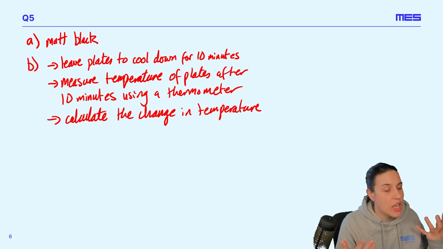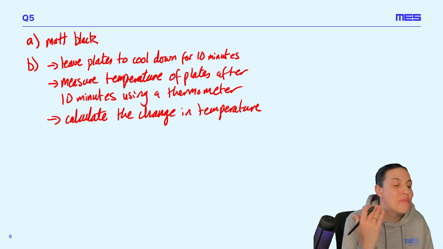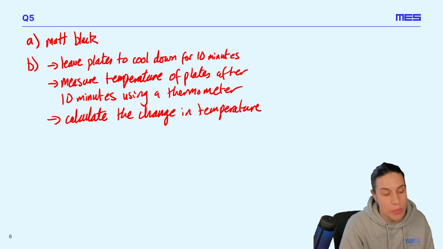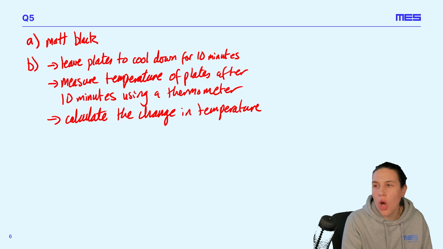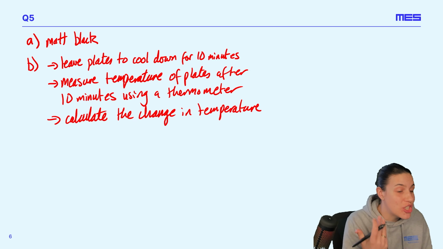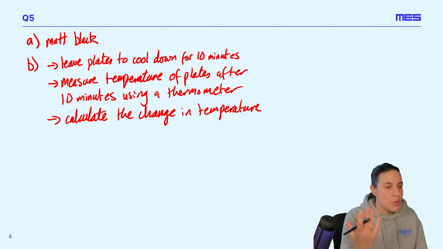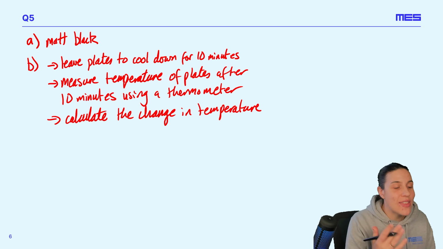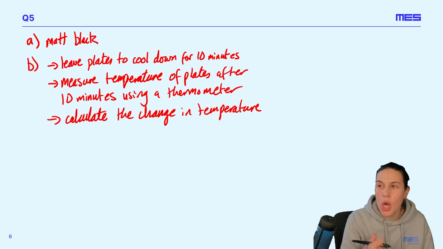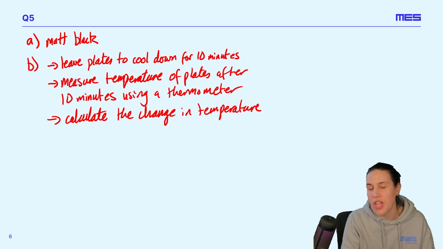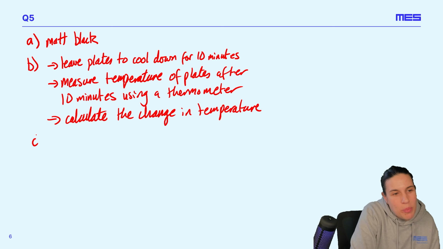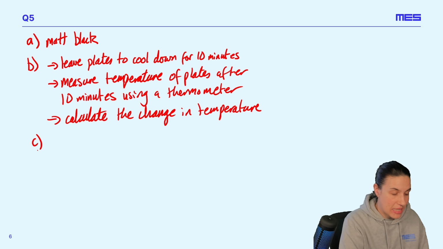If not, that could be another marking point maybe, is that we could say that we would measure the starting temperature before leaving the plates to cool down. However, this is only a 3-mark question and we're told that the 4 metal plates are heated to the same temperature, so we should be okay. Now, the plate that's got the biggest change in temperature is going to be the one that is the best emitter of infrared radiation. Now, for the final part, I'm asked to suggest a control variable in this experiment.